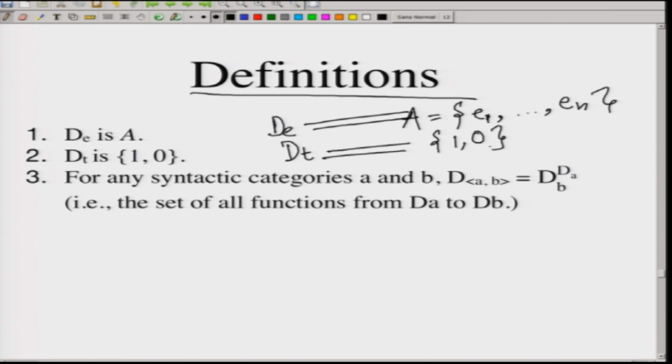Now, what is the device that will help us construct any type? That is, for any syntactic categories A and B, any syntactic category D, A, B can be constructed. Now see, if we remember the definition of a formal system, we can say that here.